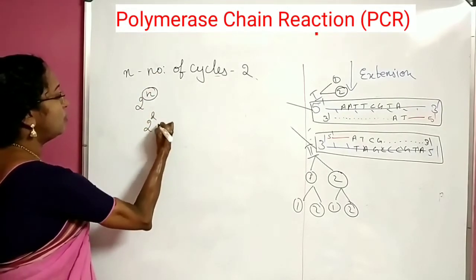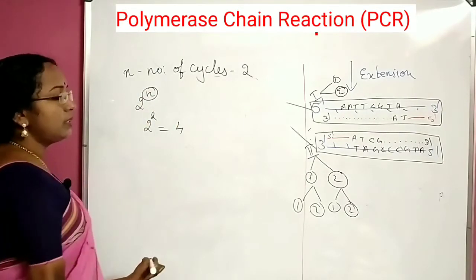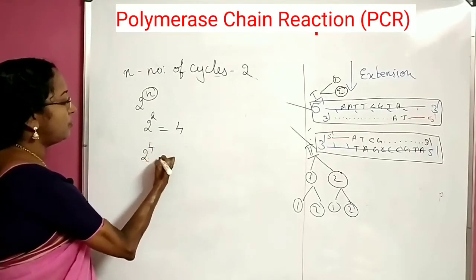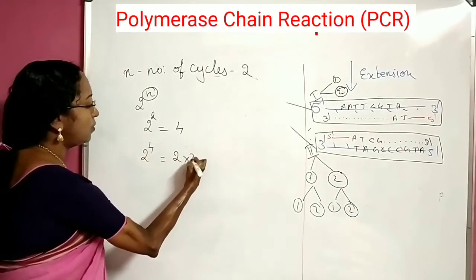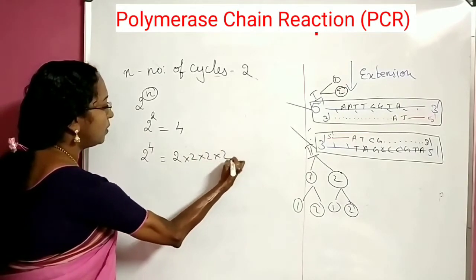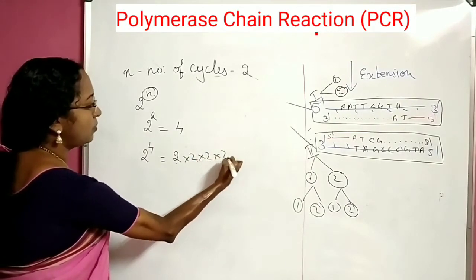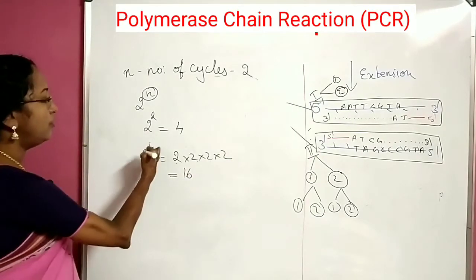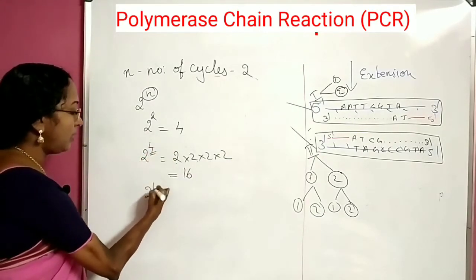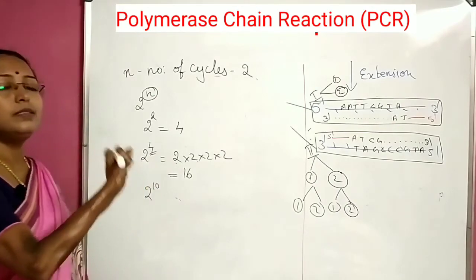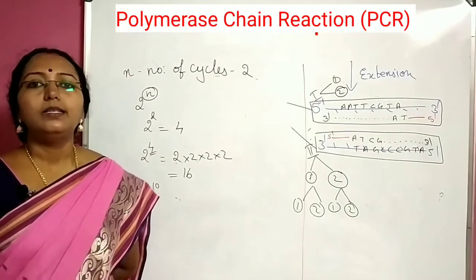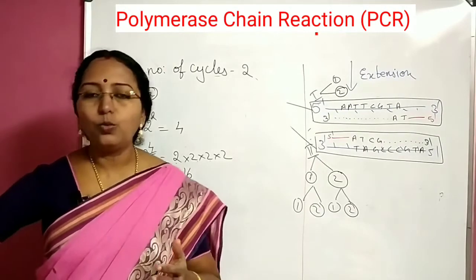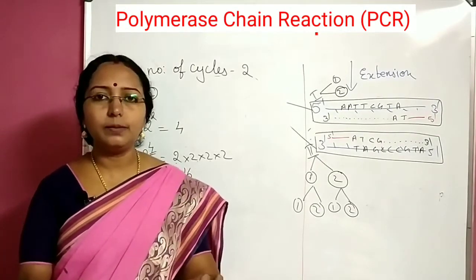So 2 raised to 2: after 2 cycles you will get 4 DNA molecules. Similarly, after 4 cycles, that is 2 into 2 into 2 into 2: 2 into 2 is 4, into 2 is 8, into 2 is 16. You will get 16 DNA molecules after 4 cycles. After 10 cycles, how many will you get? You will get millions and billions. However many DNA copies you want, you set that many cycles in the PCR machine.